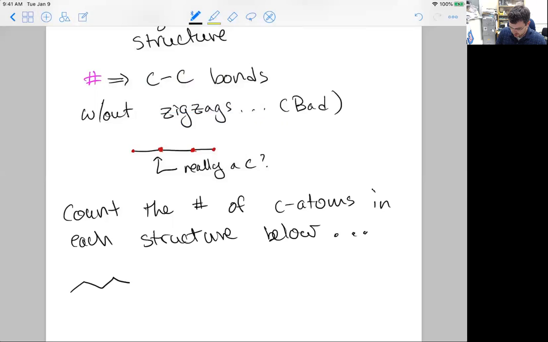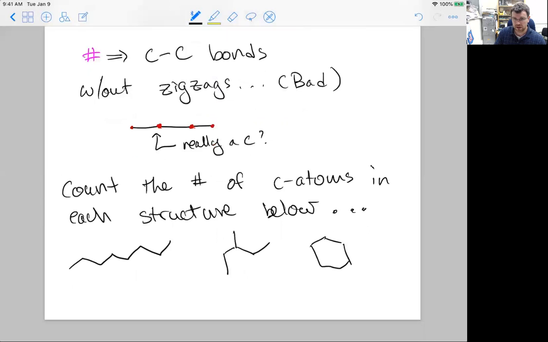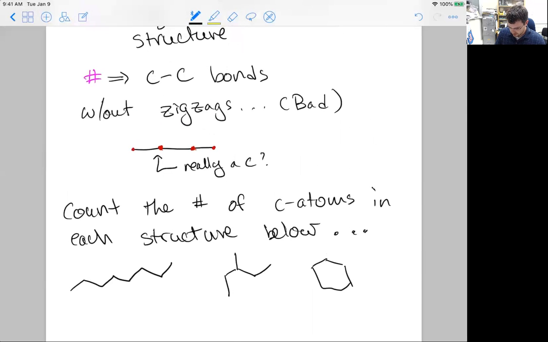So this molecule, this molecule, this molecule, this molecule, this molecule. This molecule. Okay, so we've got a few examples in front of us.